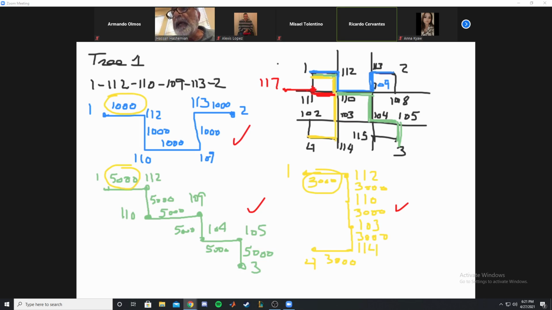Okay. So the number is going to be around like these numbers right here, like 3,000, 5,000, 1,000? Yeah, whatever it is, but for instance, right now, let's say if we had only these trees, the total will be 1,000 plus 5,000 plus 3,000, which will be 9,000.